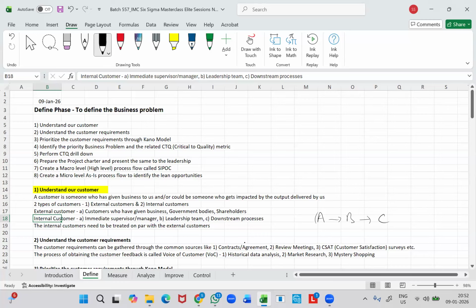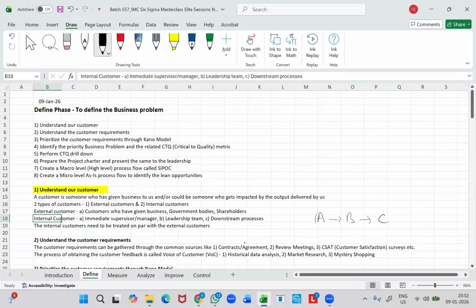So, if A is going to commit a lot of mistakes, what will happen? Then B will end up correcting all those mistakes, or B will have to send the output back to A, asking A to correct the mistakes and then send the clear output.